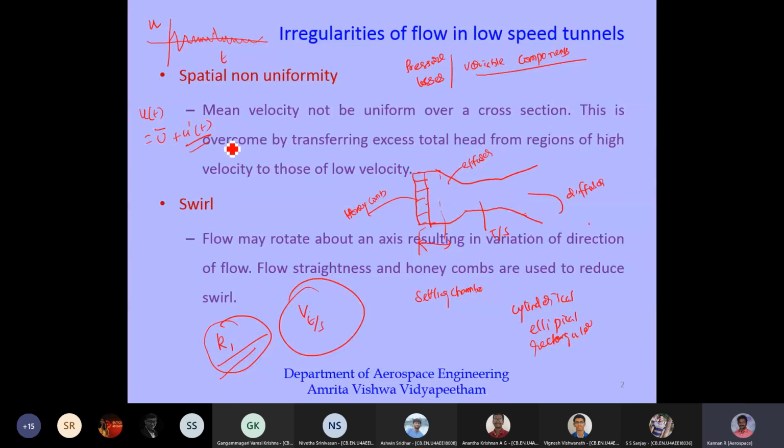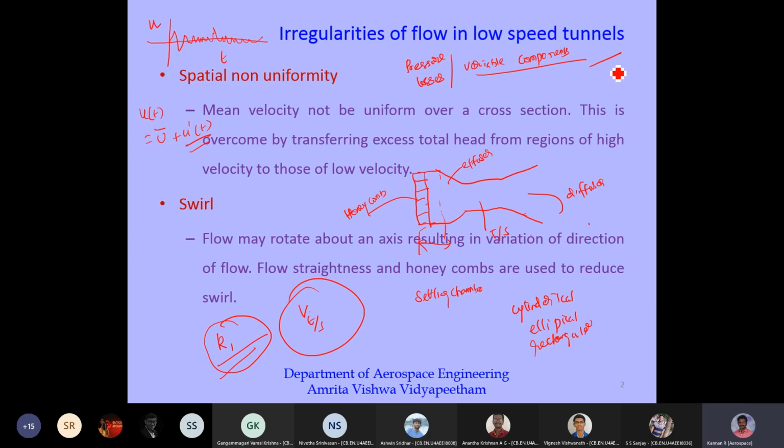This talks about the non-uniformity in the flow. The mean velocity may not be uniform over a cross section. Let us take the contraction cone alone.